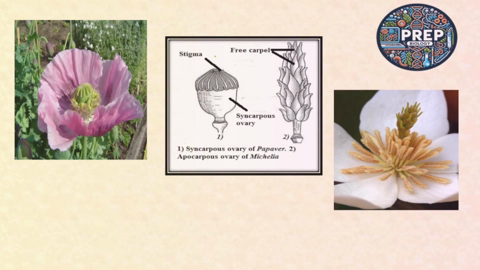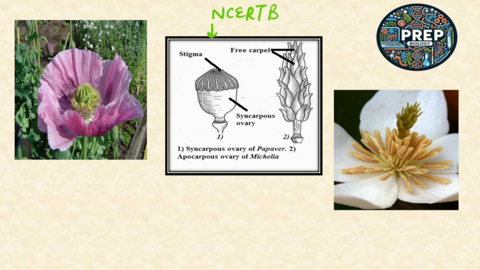Now, if we see the examples that are given in your NCERT biology textbook, we have two examples that are very, very important from the board exam point of view.